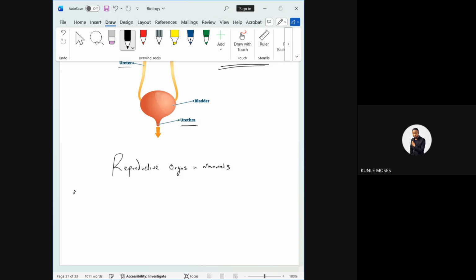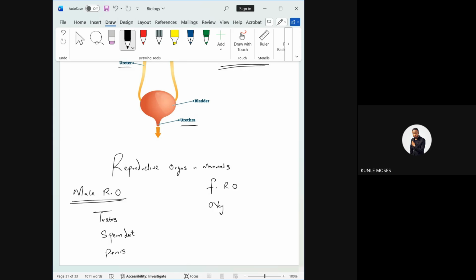For the male reproductive organs, R means reproductive, O means organs, right? For the male reproductive organs, we have the testes, the sperm ducts, and the penis. For the female reproductive organs, we have the ovary.